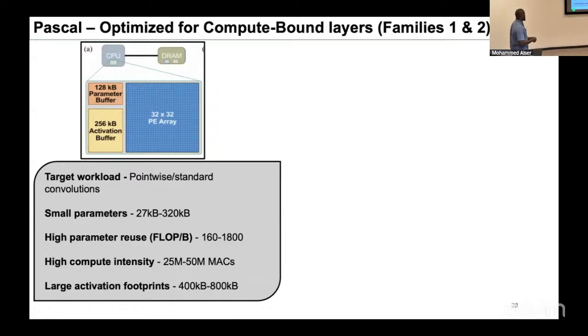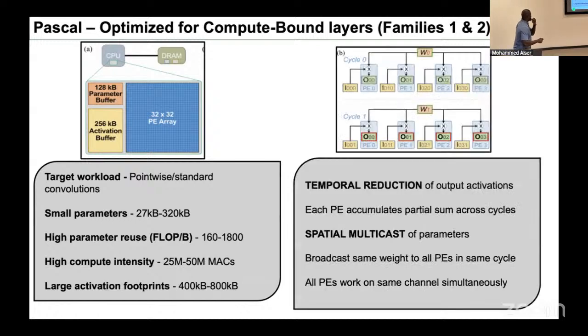They need high compute, they have high parameter reuse, and they also have large activation footprints. And you can see that instead of putting the die in the DRAM, they put it in the CPU because they want to minimize DRAM access as much as possible.